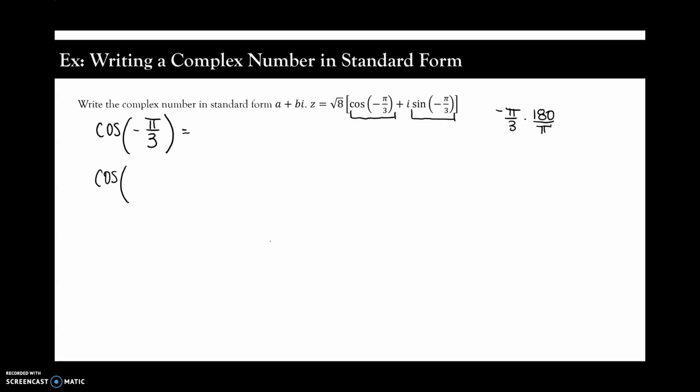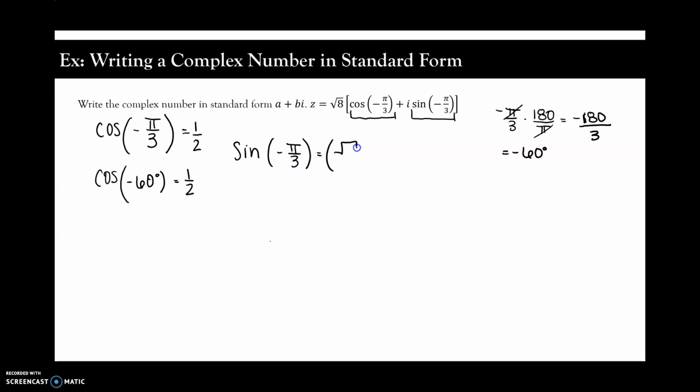And remember, pi is on bottom because I want to get rid of it. That's negative 180 over 3, which is negative 60 degrees. So negative 60 degrees gives us a cosine of half. Pi over 3 is also half. So then sine of negative pi over 3 is square root 3 over 2.